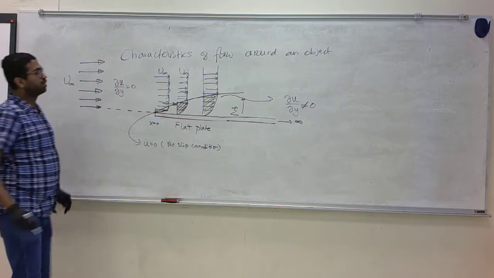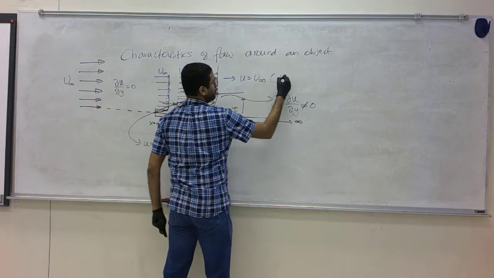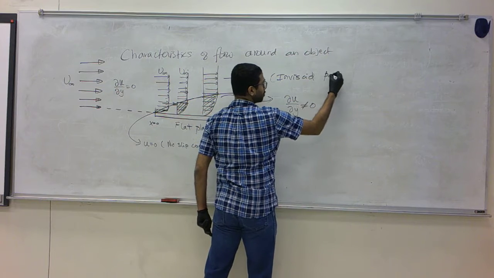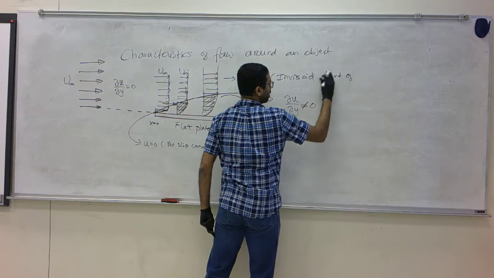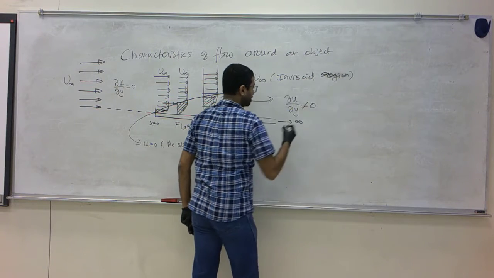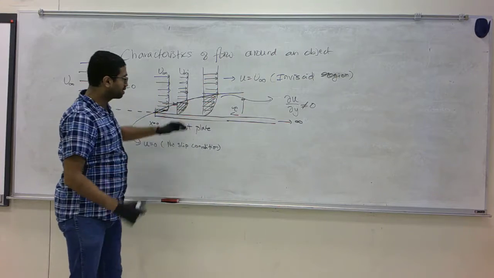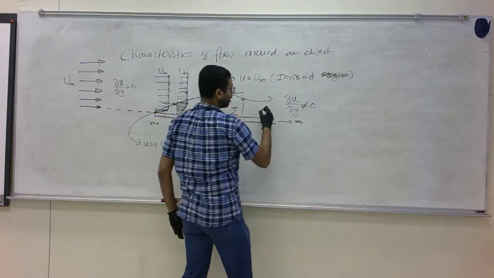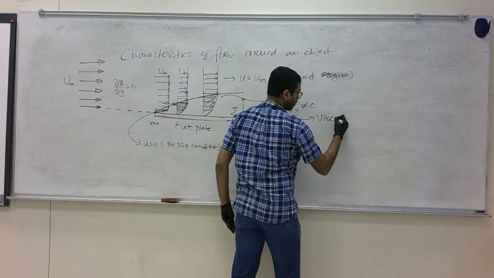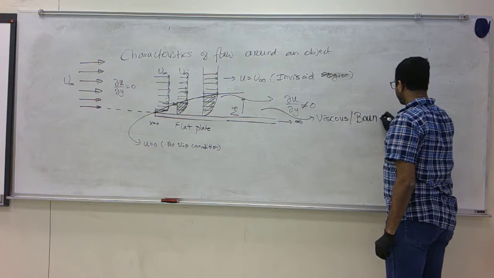We call this the inviscid part of the flow, or inviscid region. And this part here, where the velocity is no longer u infinity, it's something lesser because of viscosity, we call this the viscous, or more famously, the boundary layer region.